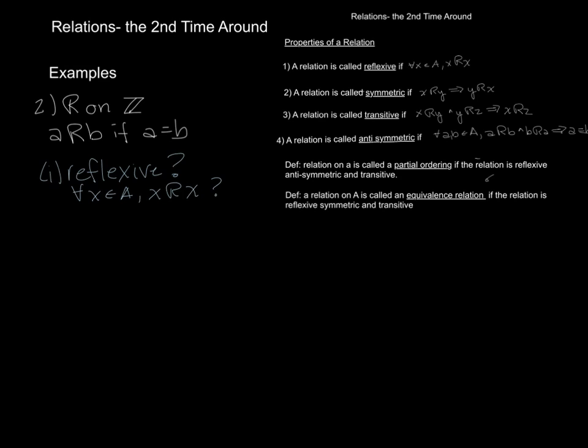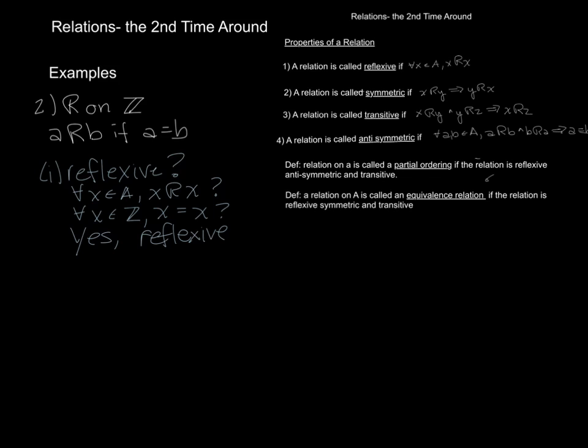So we're going to replace these generic R's and generic sets with our particulars. In other words, for all integers, is it true that x is equal to itself? And the answer is yes. So this relation is reflexive.